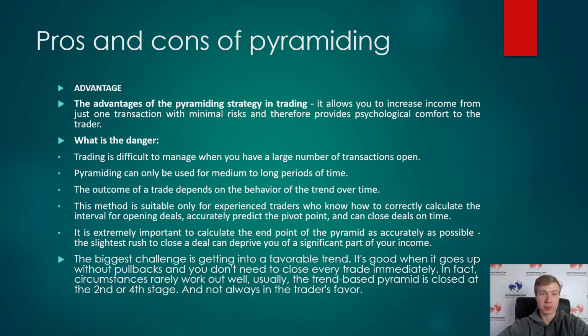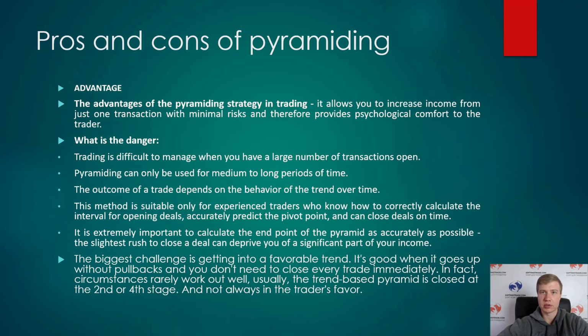Pros and cons of pyramiding. The most obvious advantage is that having found a good entry point, you can multiply your profit from it by opening additional positions and accordingly increasing profits. There is of course a minus in using this strategy. The danger is that at any moment the market may turn around. You need to carefully calculate your entry point.